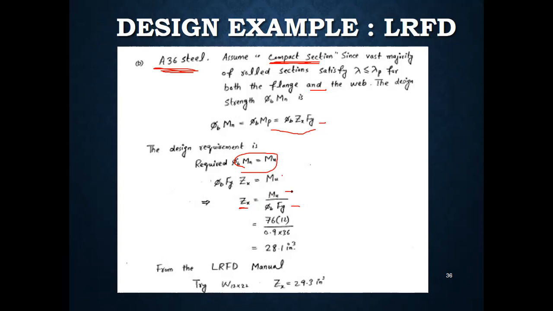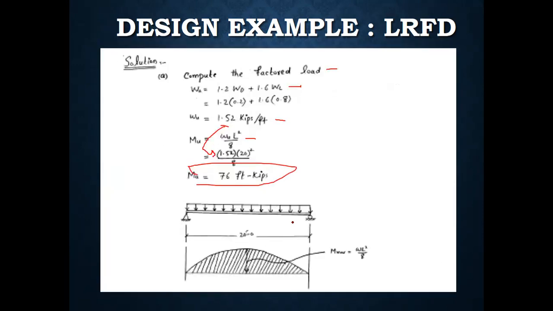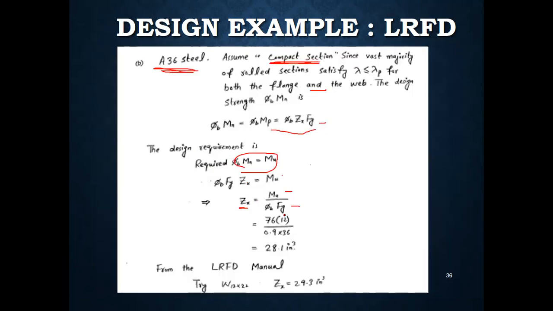The Mu that we calculated in the previous steps is 76 feet-kips, multiplied by 12 to convert into inches, divided by φb, the factor for beams, which is 0.9, multiplied with the yield stress of A36, which is 36 ksi. We find that the value of the section modulus comes out to be 28.1 inch cube.